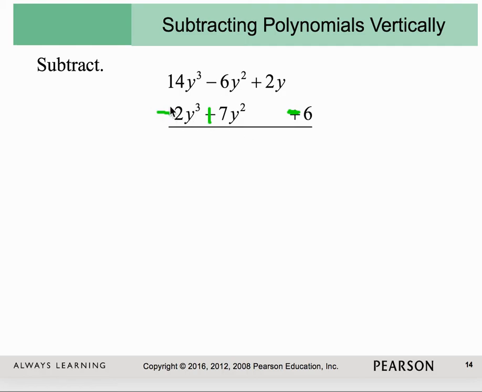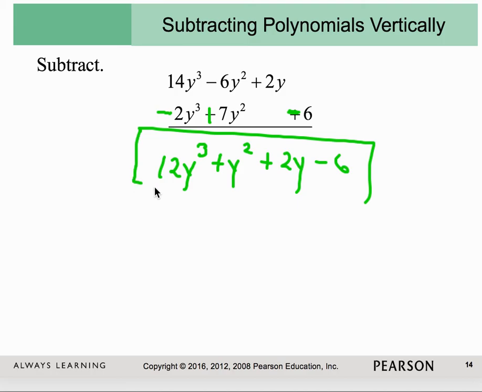But when I'm subtracting, I got to first figure out my signs. And then I got 14y cubed minus 2y cubed. -6y squared plus 7y squared. Look, I don't have another y to add to that. And I don't have another constant. So there's an example of a vertical if you so choose. You can do it that way.